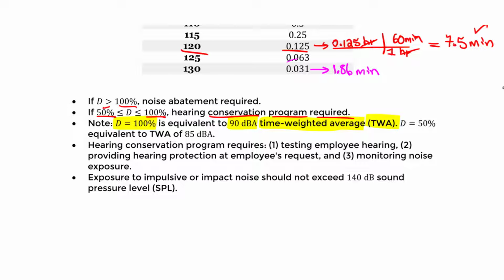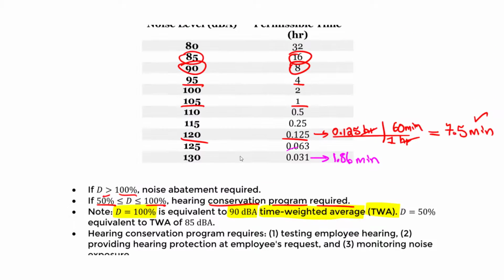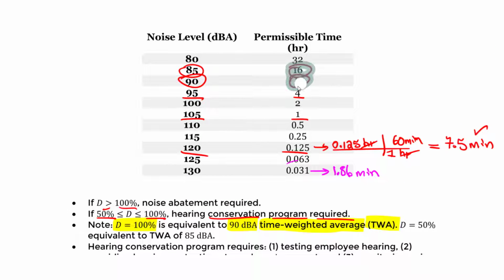Just know that when D is 100%, it's 90 in terms of the noise level. So if I look at the table here, when the noise level is 90, D is 100%. This is when the D value equals 100%.